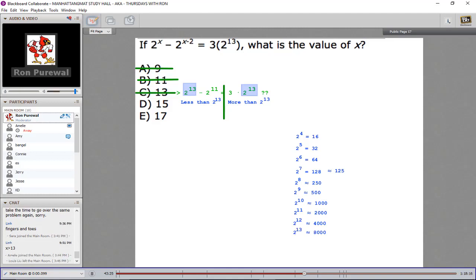And you can just write these out on your scratch work. 2 to the 14th is approximately 16,000. 2 to the 15th is approximately 32,000. And then we are only going up to 2 to the 17th, right? So this doesn't really take that long. There, that's not very painful.